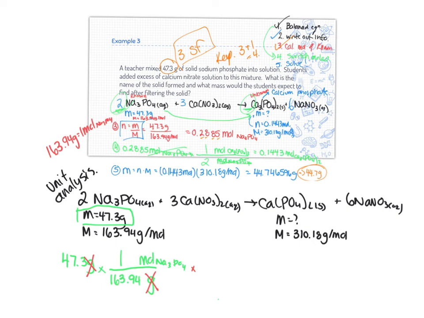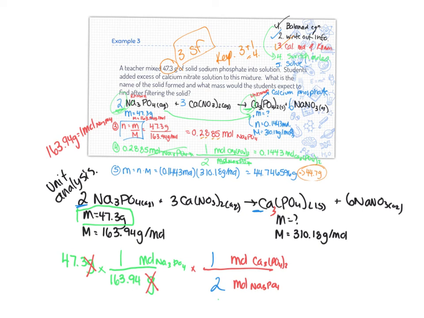Once we have moles of sodium phosphate, we need to cancel moles of sodium phosphate. And we are looking to find moles of calcium phosphate. So we put in our coefficients again. There is 1 mole of calcium phosphate per 2 moles of sodium phosphate.